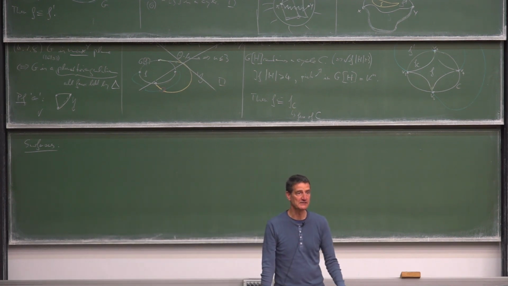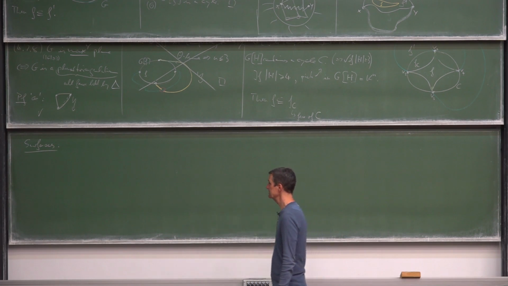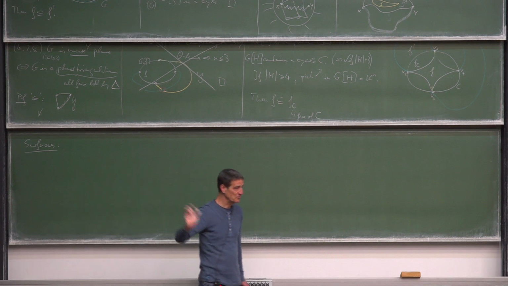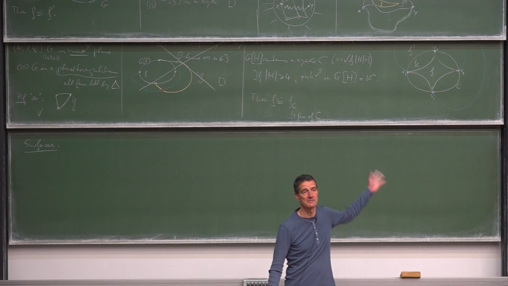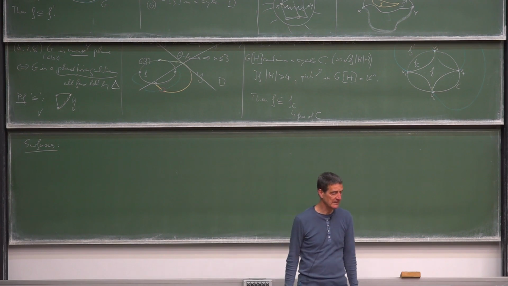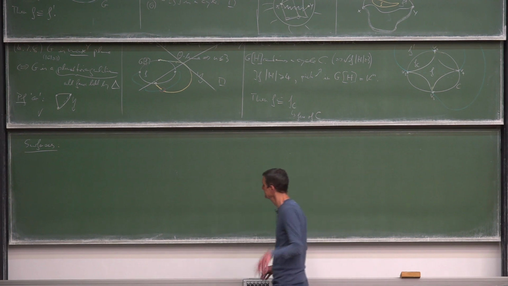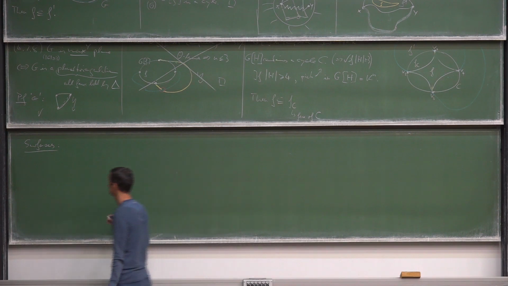In graph minor theory, they occur in the characterization of minor closed classes of graphs, graph properties, whether we like it or not. But surfaces are topologically totally understood and easy to deal with. They're no more difficult than the plane. So what are surfaces? Here are some examples of surfaces.